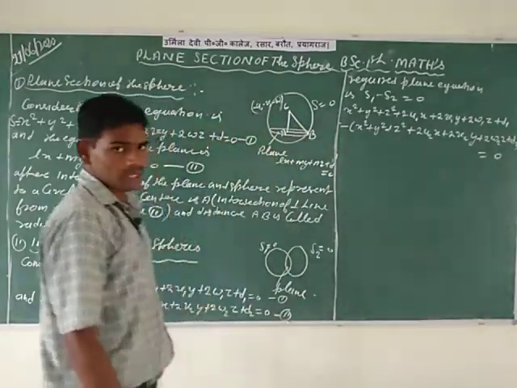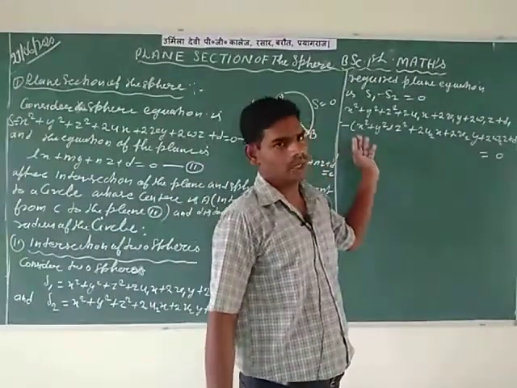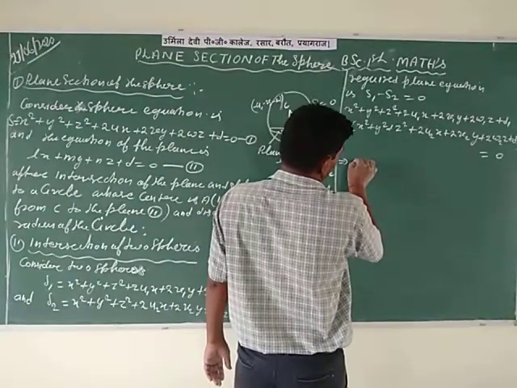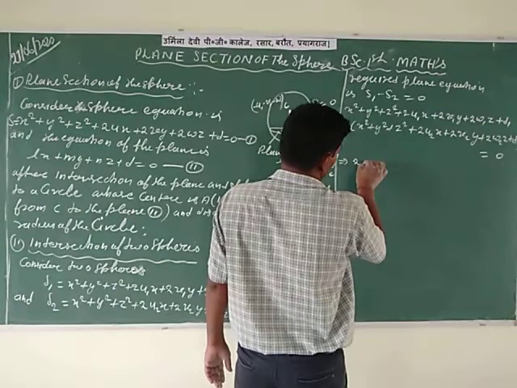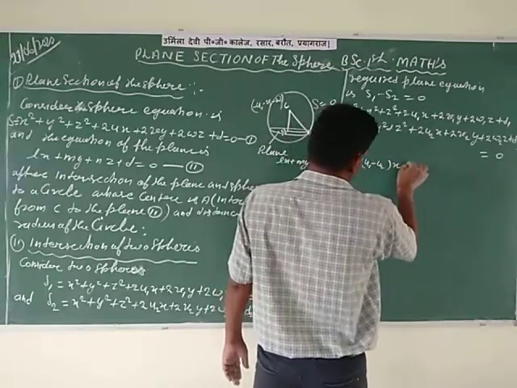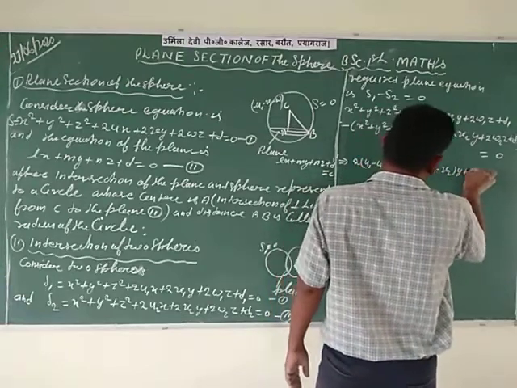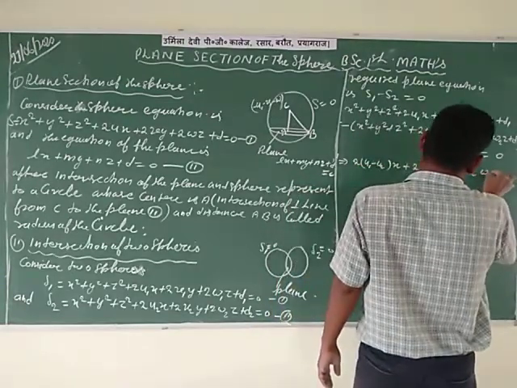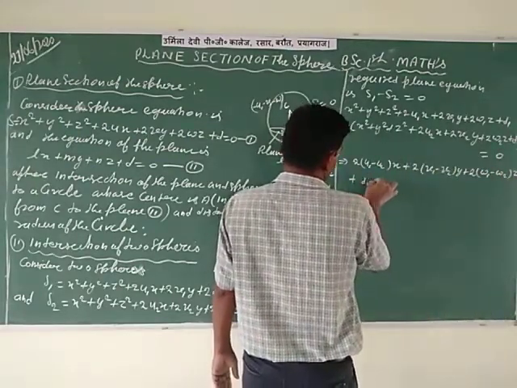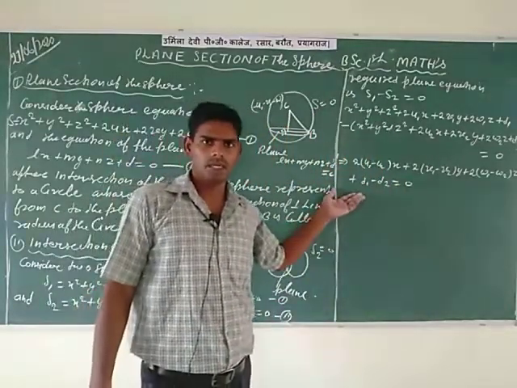After simplification, x square, y square, z square cancel. So it implies that 2 times (u1 minus u2) x plus 2 times (v1 minus v2) y plus 2 times (w1 minus w2) z plus (d1 minus d2) is equal to 0.